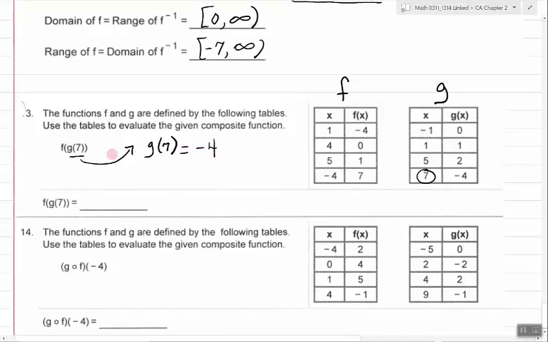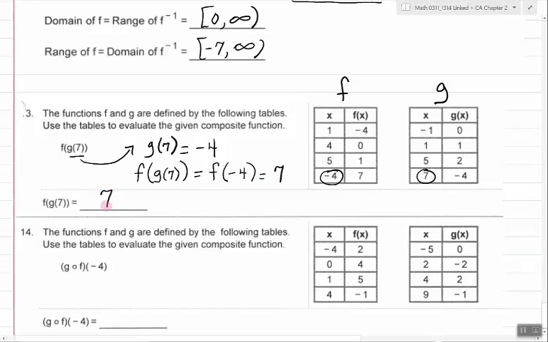That's the inside. Now I want to go to the outside, f of g of 7. Well, what I'm really saying is f of, what is g of 7? It's -4. What is f of -4? Go to the f function. There's -4. When the function acts on it, what does it return? 7.